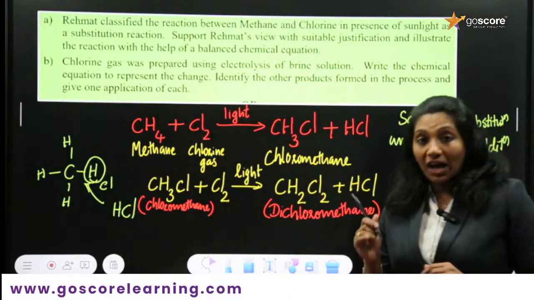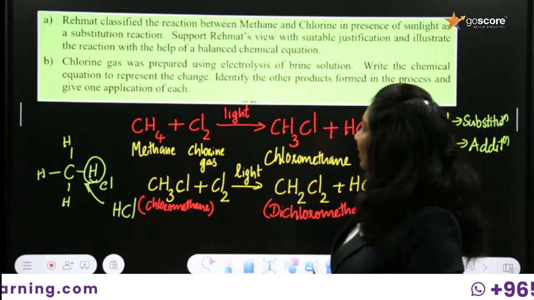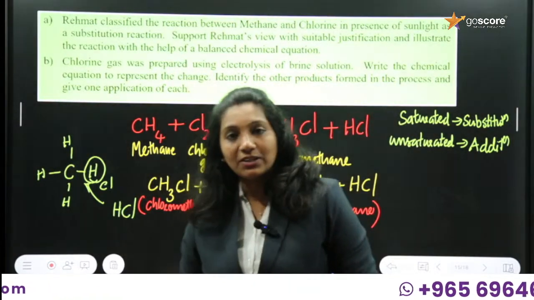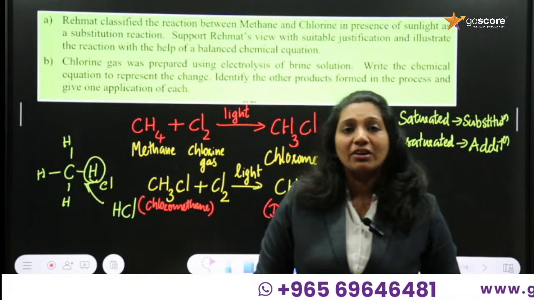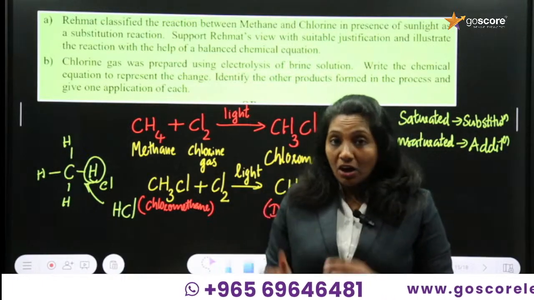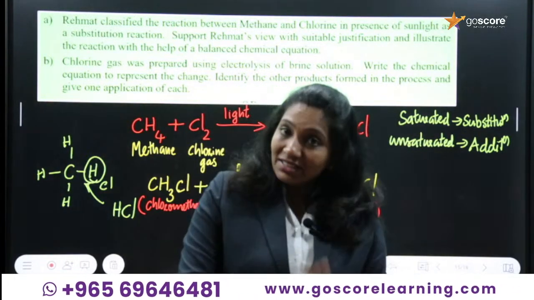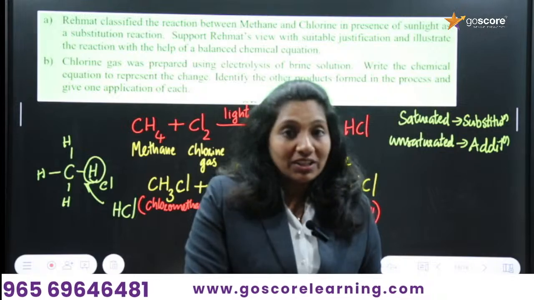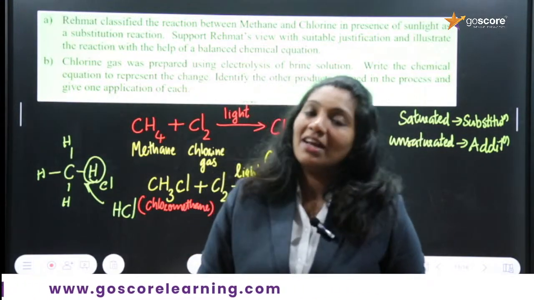So you have to write the, this is the electrolysis of brine solution, which is known as the chloralkali process, right? Why is it called the chloralkali process? Because after the electrolysis of brine solution, we are getting an alkali along with chlorine gas, right? That is why the reaction is known as the chloralkali process.